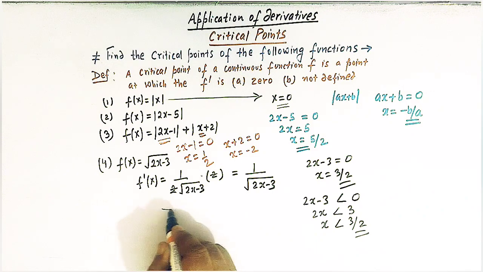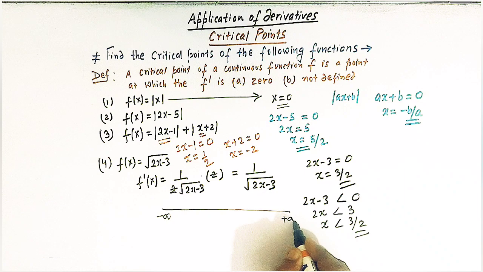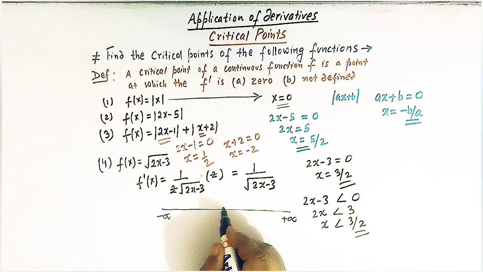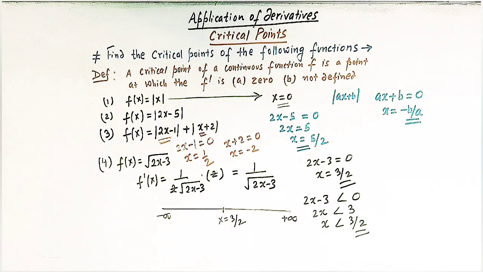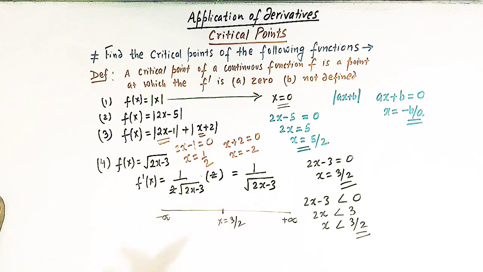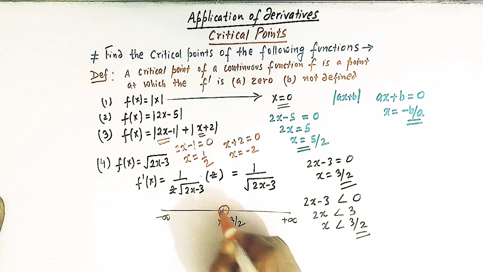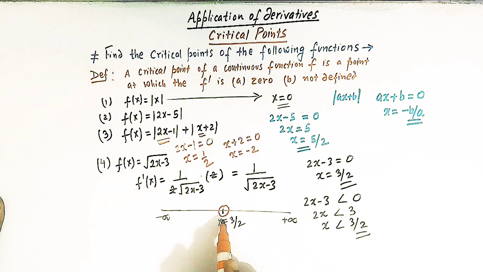So if we see the real number line, so here we have minus infinity, here we have plus infinity, and here we have x is equal to 3 over 2. So now if we look at this real number line, then we can see that for x is equal to 3 by 2, the derivative is not defined.